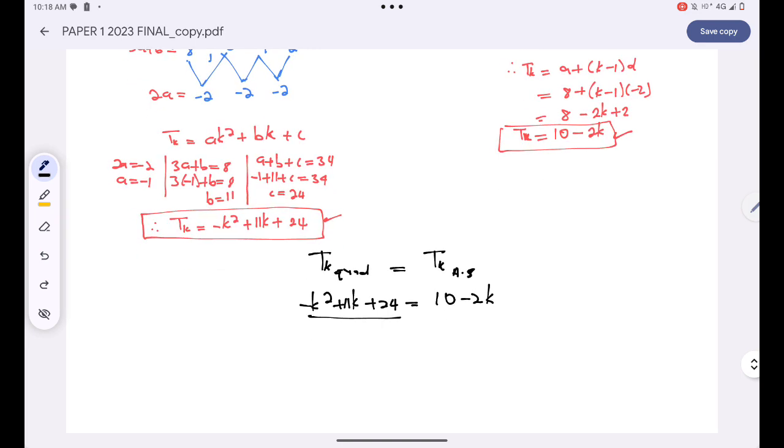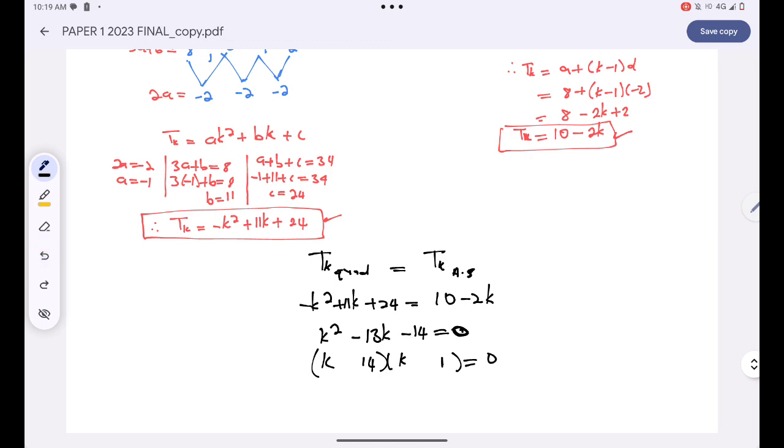If I take these to the other side, the k squared will be positive, and I'll end up having 2k minus 11k, which gives me negative 13k, and then 10 minus 24, which is equal to negative 14. I'm looking for the factors of 14 that when I subtract will give me 13, and those factors are 14 and 1. The sign over there is minus.